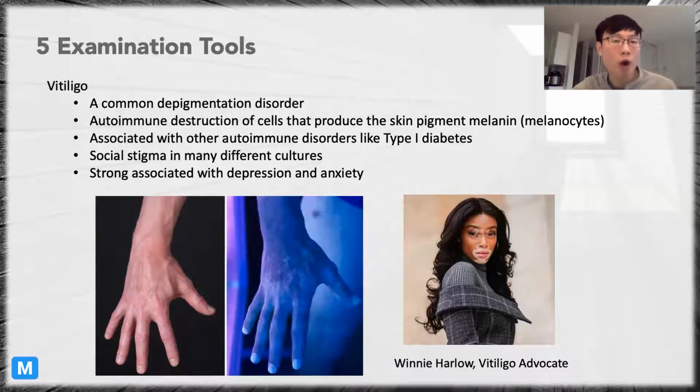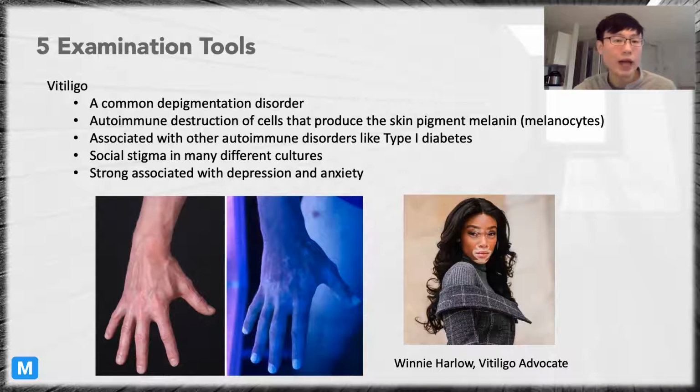An important part when you're on elective seeing a patient with vitiligo, you need to ask about other autoimmune conditions, for example, type 1 diabetes, Hashimoto thyroiditis, or those kinds of autoimmune conditions. You also want to address the psychosocial component, because in many cultures, particularly for patients with darker skin, there's a significant stigma associated with vitiligo.